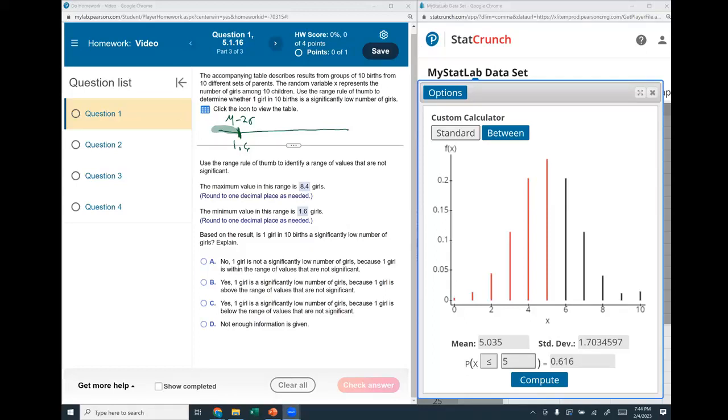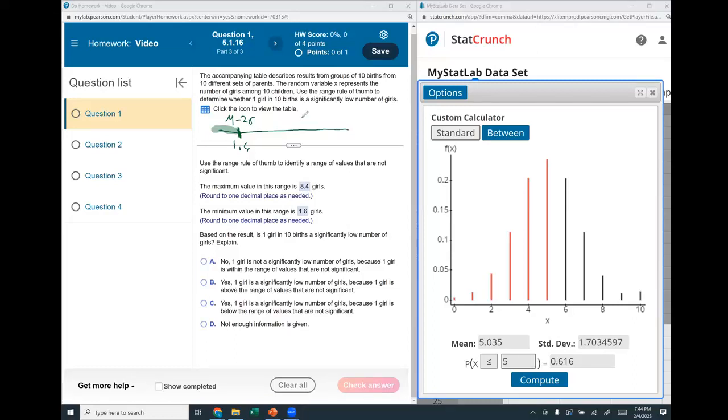So is this significant? Yes, it is. 1 girl is a significantly low number of girls because 1 girl is above the range of values that are not significant? Nope. Because that would mean it's here in this middle part. Here, let me draw the whole thing.